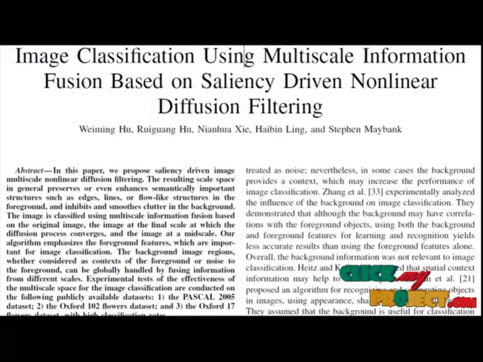The image is classified using the multiscale information fusion based on the original image, the image at the final scale at which the diffusion process converges, and the image at a middle scale. The algorithm emphasizes the foreground features which are important for image classification. The background image regions, whether considered as context of the foreground or noise to the foreground, can be globally handled by fusing information from different scales.